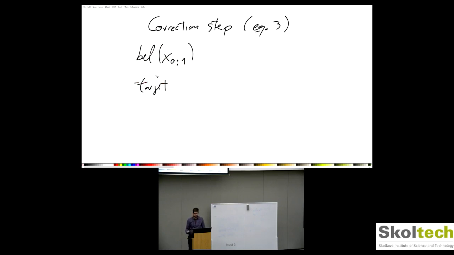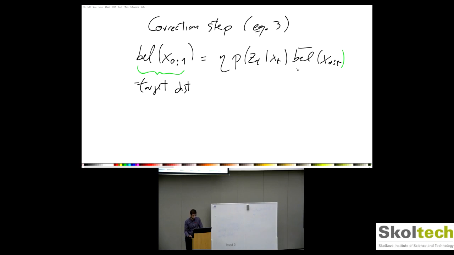This is better explained in terms of importance sampling. That's why I have just explained it. The target distribution is going to be equal to the likelihood of the observation, our observation model, and then our previous belief, right, from time t-1. Okay? So in this case, this is going to be the target distribution. This is what we want at the end, and this is going to be our proposal distribution.